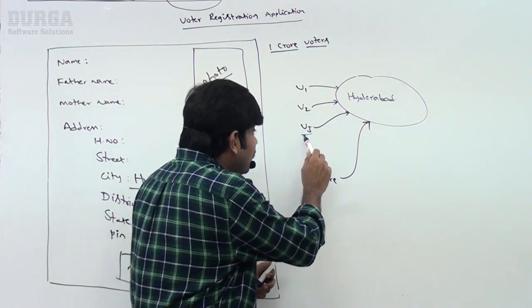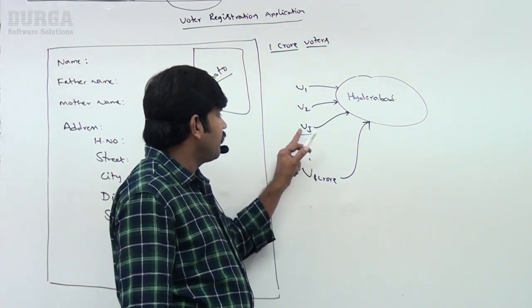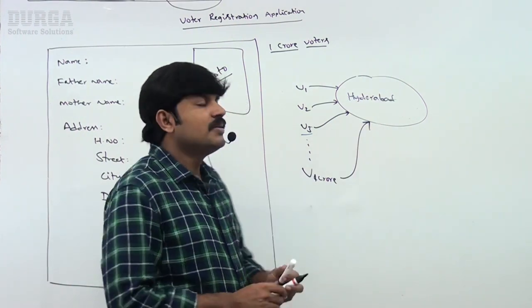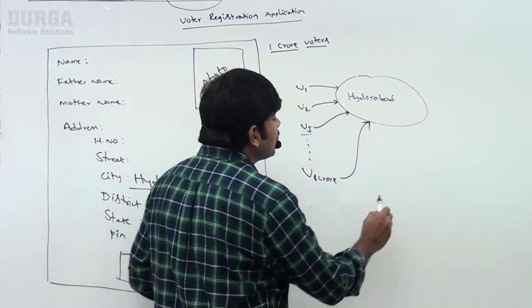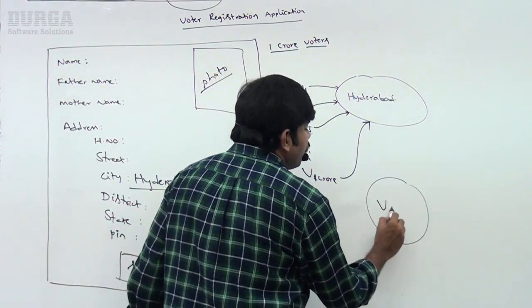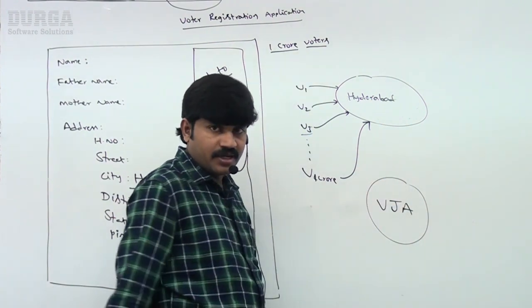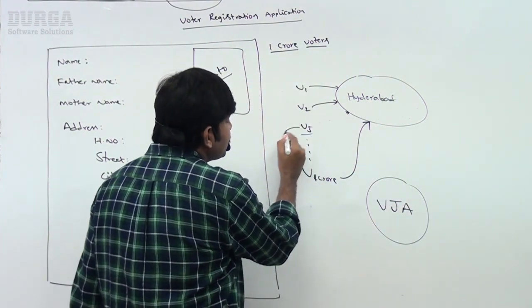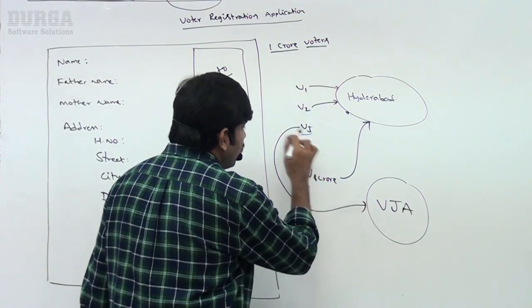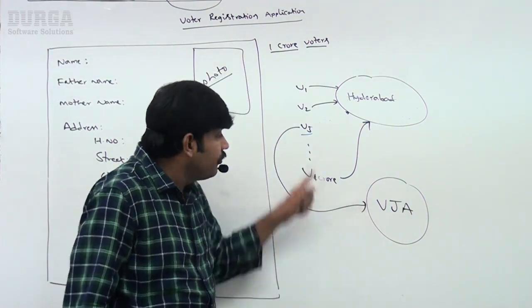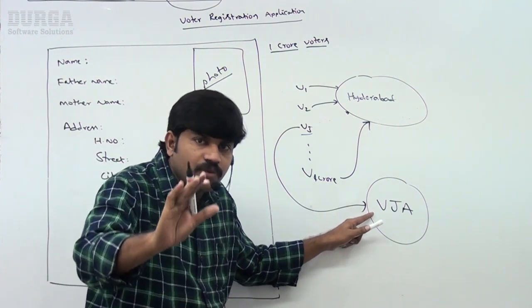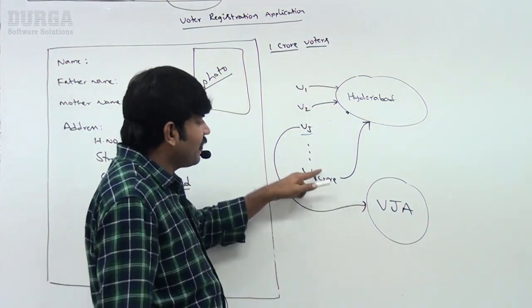If the V3 person wants to change from Hyderabad to Vijayawada, a new object will be created, Vijayawada, and only V3 is going to refer to this new object, so there is no effect on the remaining references.